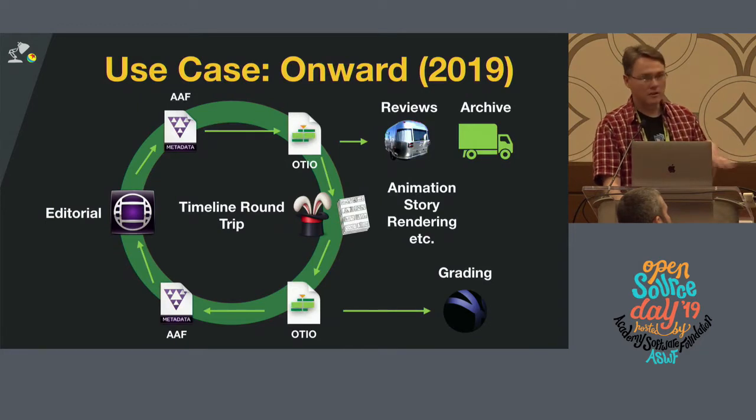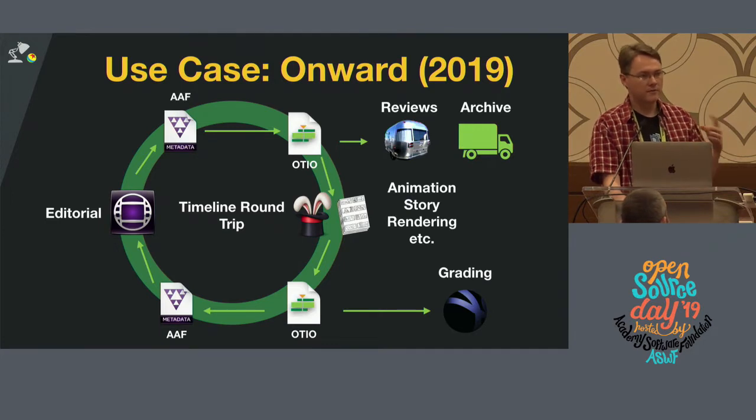In our current film pipeline, we can actually round trip this information. We can have AAFs coming out of the Avid, turned into OTIO, going into our review system, our animation system, all the other downstream departments. But importantly, those departments are often making their own playlists, or splicing in their latest renders. And so we can take those OTIOs and turn them back into an AAF and go back into editorial.